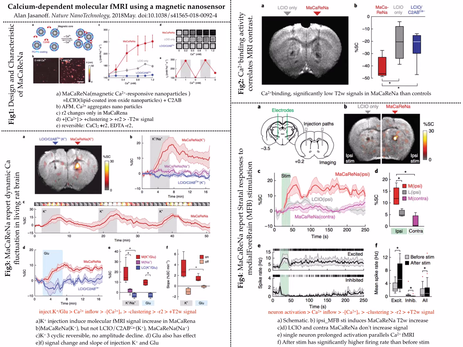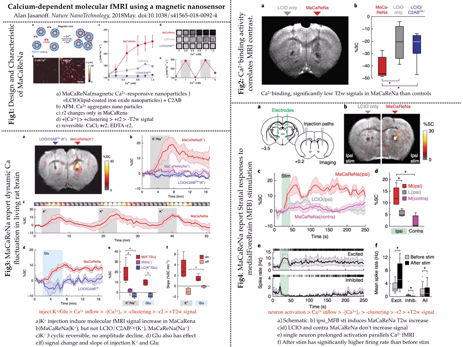But this only works on the ipsilateral striatum, that is the same side as the stimulated forebrain. On the other side, the contralateral part, there was no signal because the forebrain only communicates with the ipsilateral striatum. So if you use the control, that is LCIO only, even in the ipsilateral, there is no signal change.